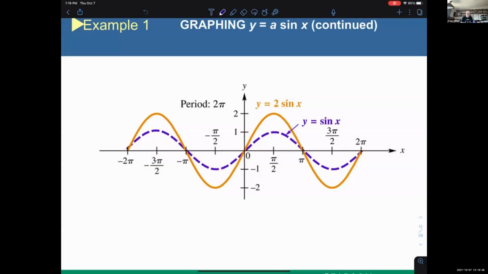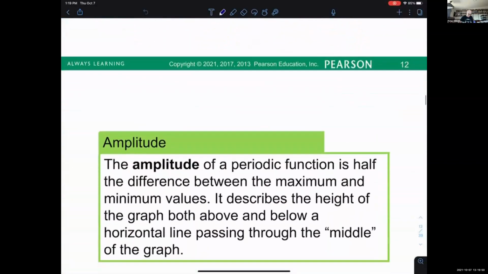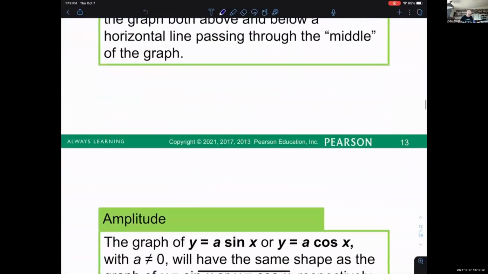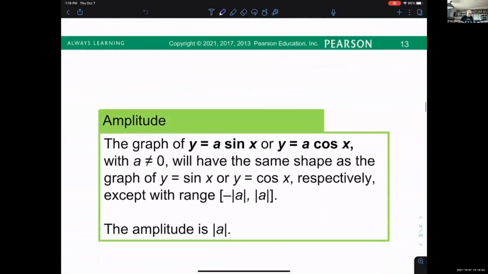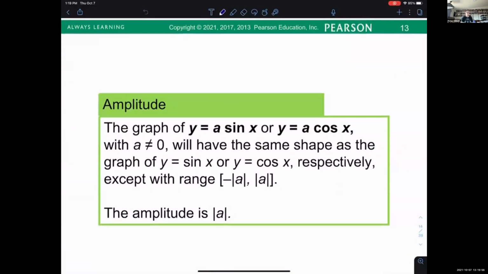So let's see, the slides are showing that pretty well so far. Let's see if they switch that to cosine or something next. They point out, as I was just describing, that if you have a graph of y equals some number a times sine x or times cosine x, and a is not 0, because otherwise you just get 0 times the whole function, you have the same shape as you would with the original function, except that now the range has been stretched.